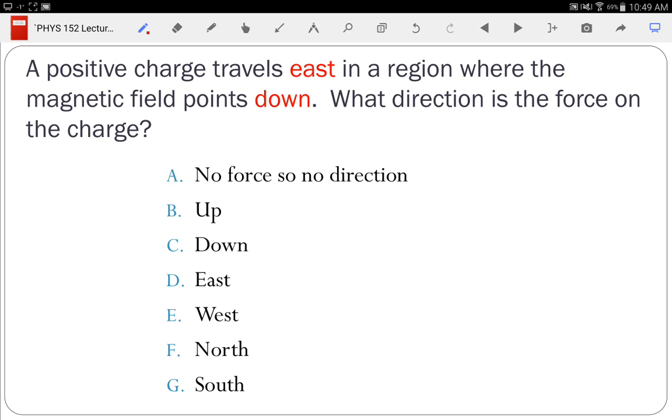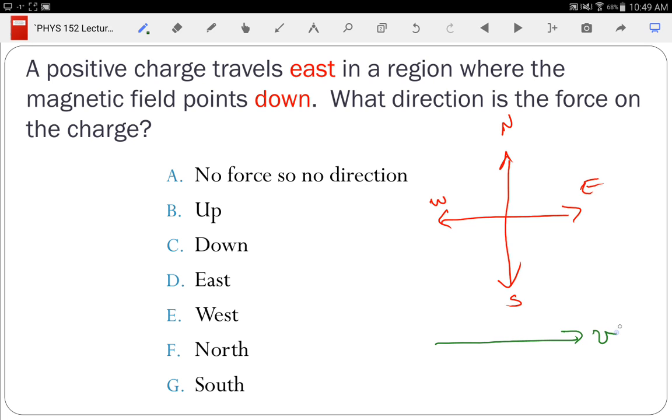A positive charge travels east. Now, I'm going to help you out with the figure here. North, south, east, west. So I have a positive charge that's traveling with that velocity.